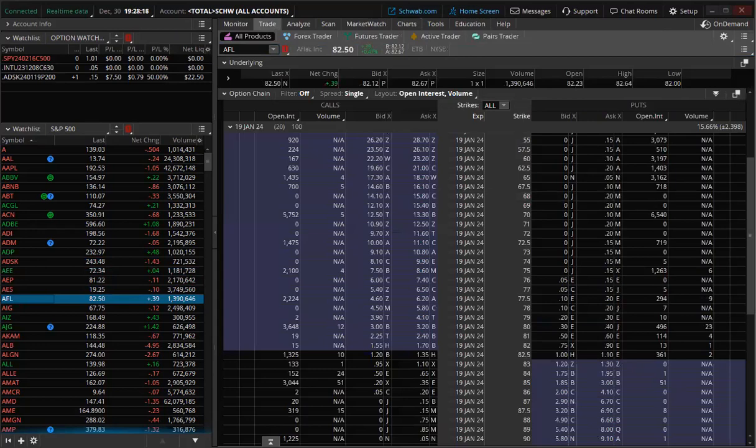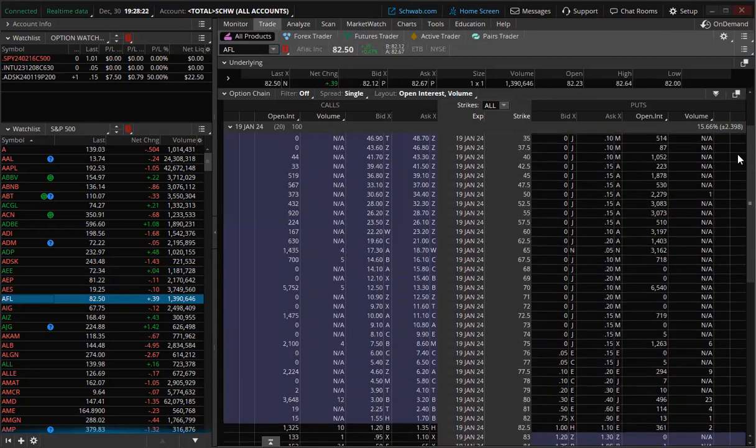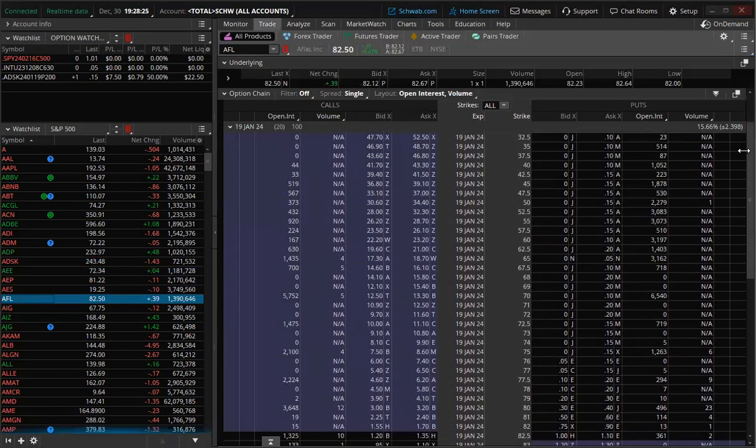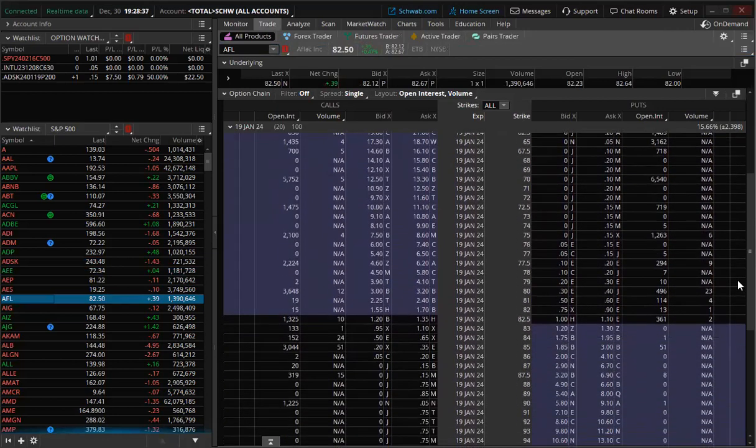That looks interesting, but let's see. And now I don't know if the NA is because it's holiday, but the open interest 00, I think, yeah.